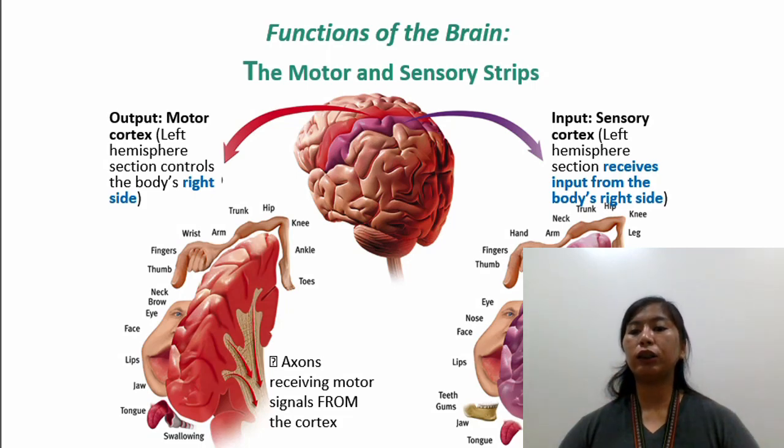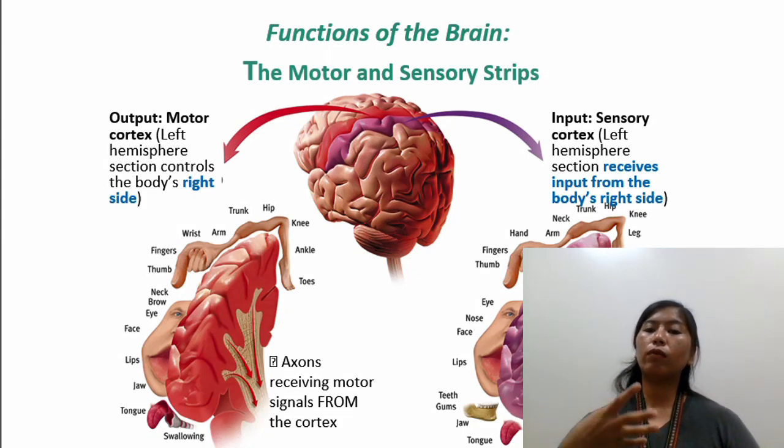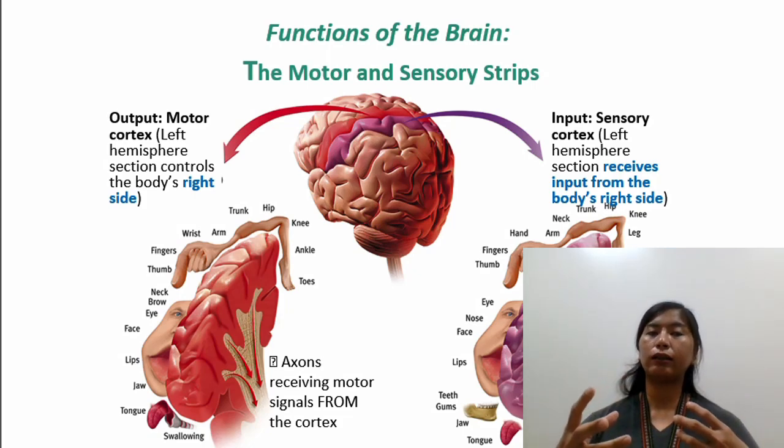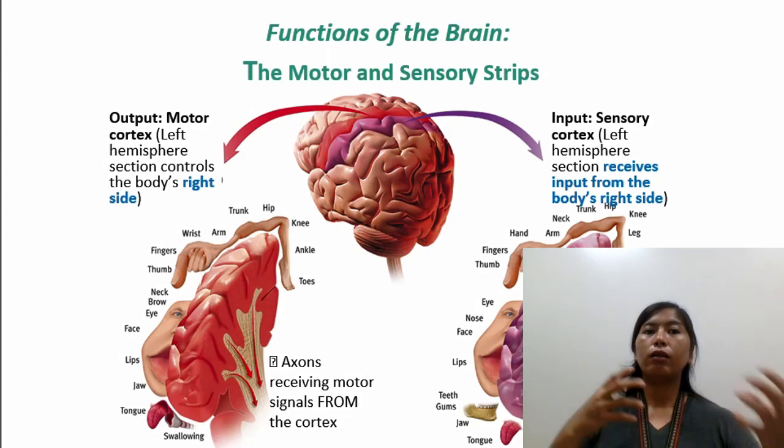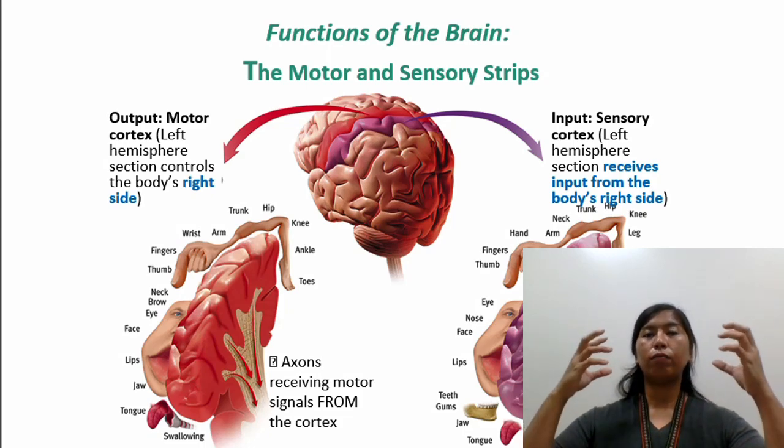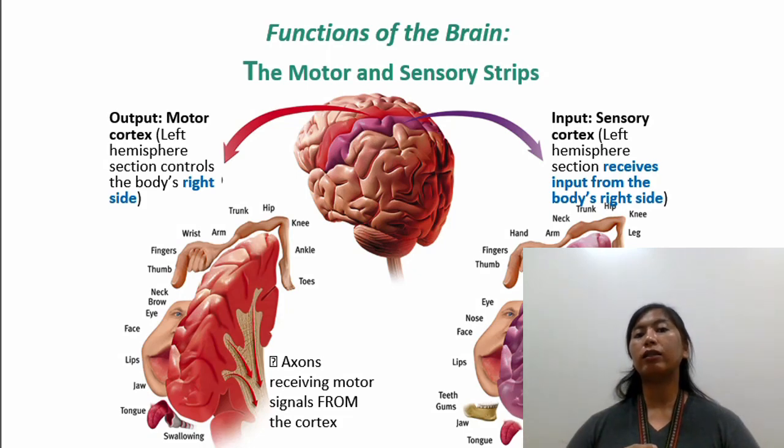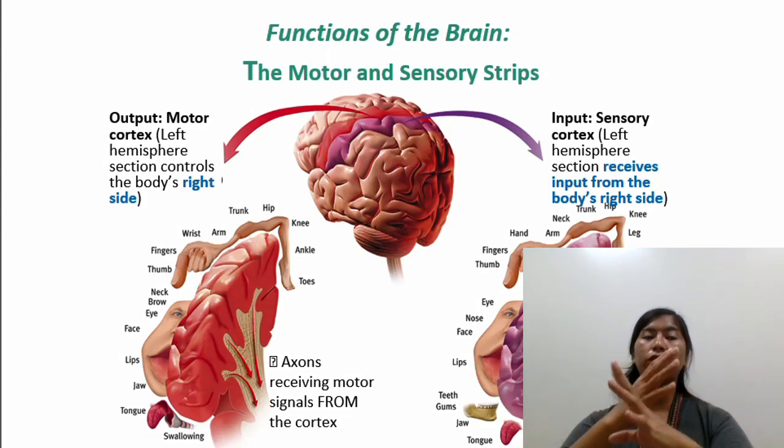This is a visualization of how the sensory motor cortex is coordinating the left and right hemisphere, as we mentioned earlier in the thalamus, where we have the switchboard, the crossover.